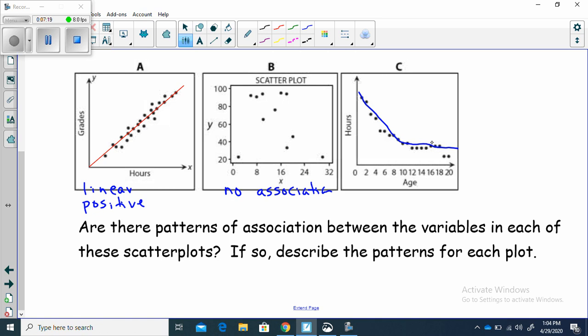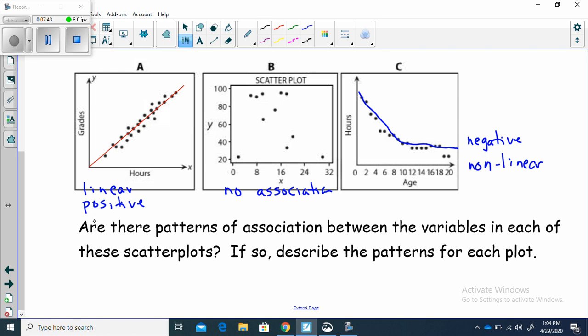Okay, more of an association like that. There's an association. The data is close to this line that I've drawn here. But it's going down, so it's a negative association. Is it linear? No, that's nonlinear, right? Negative nonlinear association.